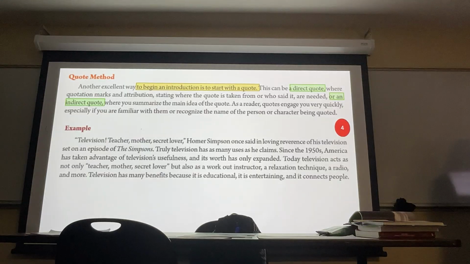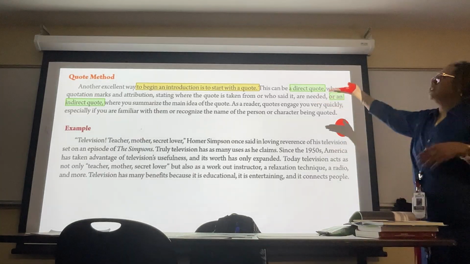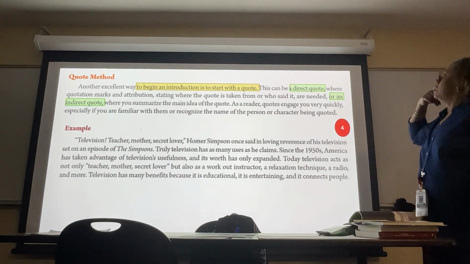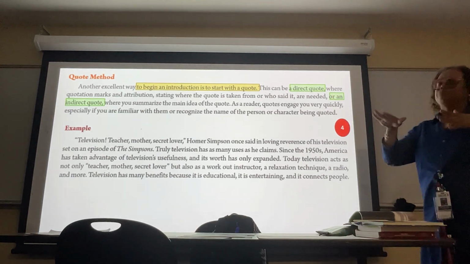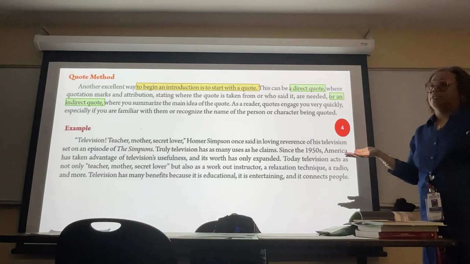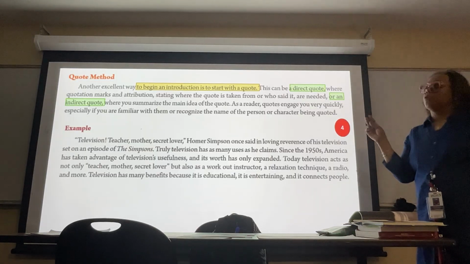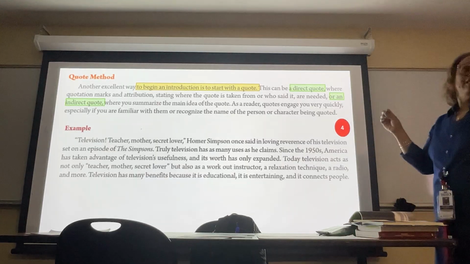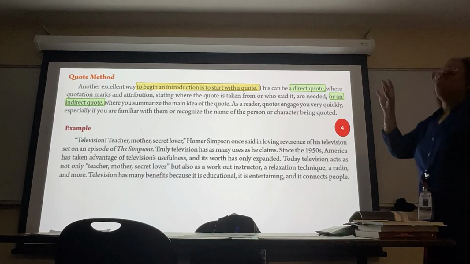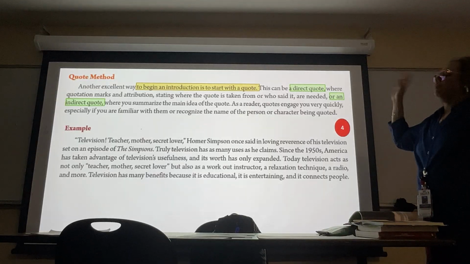Next, the quote method. This one, to begin an introduction, is to start with a quote. That's it. So a direct quote has quotation marks, and the attribution is you're saying who did it, right? So Langston Hughes in Salvation, in the short story Salvation by Langston Hughes, he states blah, blah, blah, or, you know, whatever, a quote.